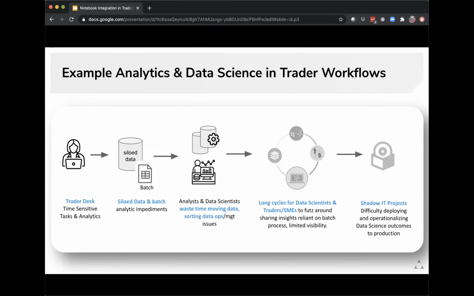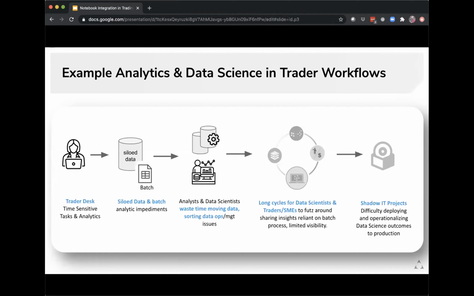We have our trader desk, and what we're probably going to hit a lot is siloed data or batch information, which can be tricky and an impediment to the timeline in which we want to do our analysis or complete the transaction. And then maybe we move on to having analysts, data scientists, quants, and some other folks involved that can help us.